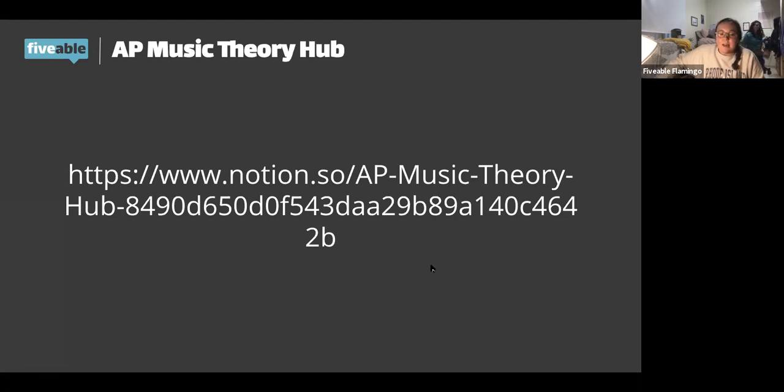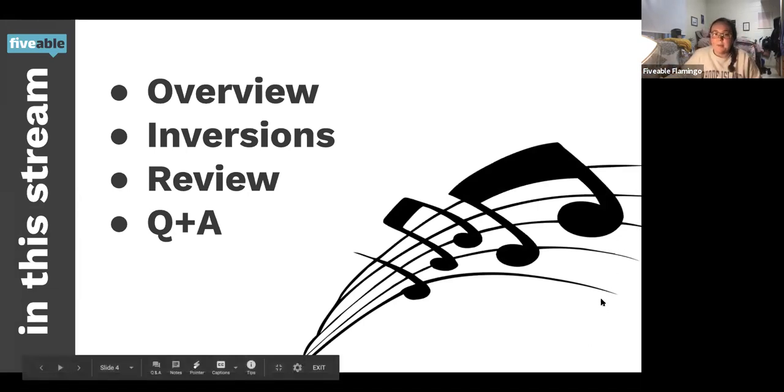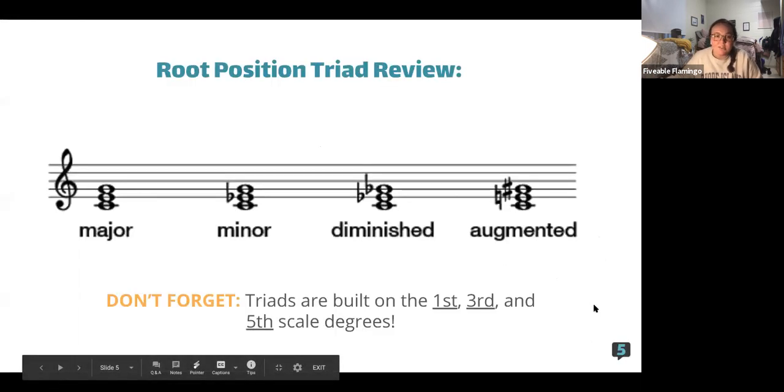And then there are some that have inversions, and there's a pretty easy one with an inversion. So we'll do inversions first with triads, and then I have everything written out that I think we should go over, and even some short dictations at the end. And then you guys can ask any questions.